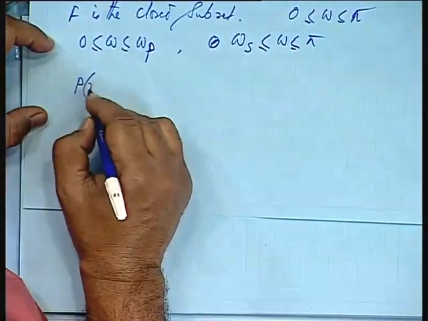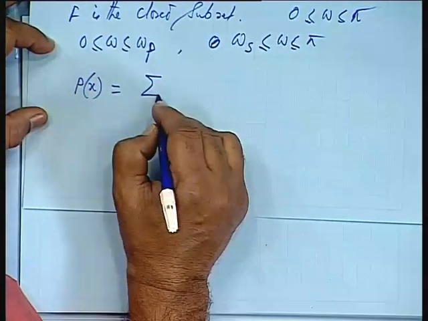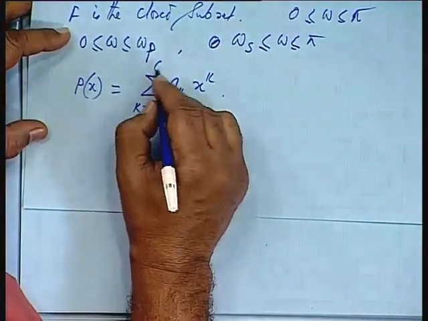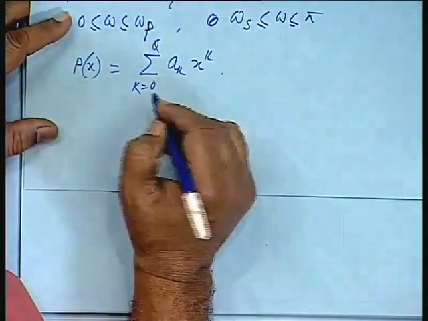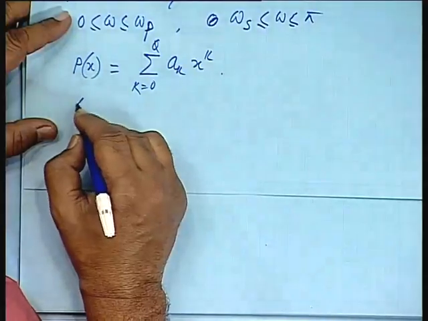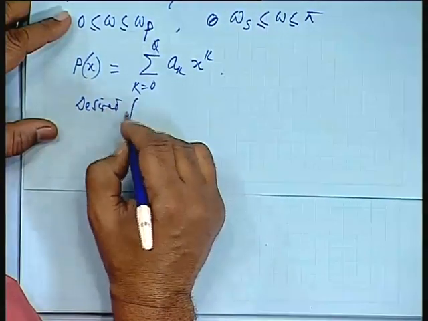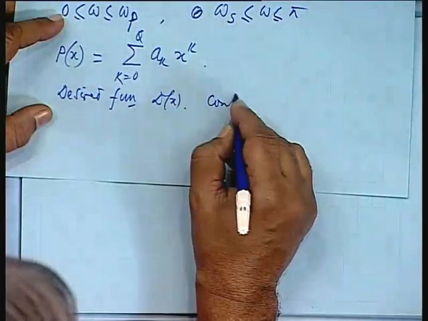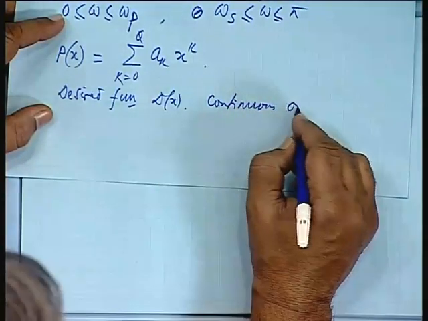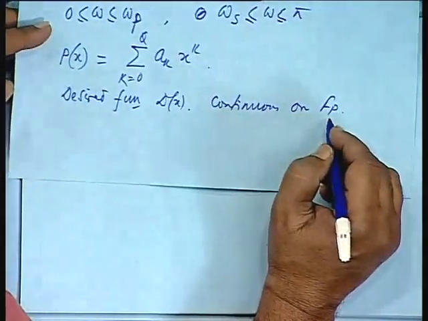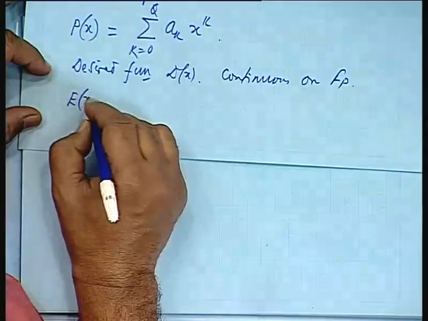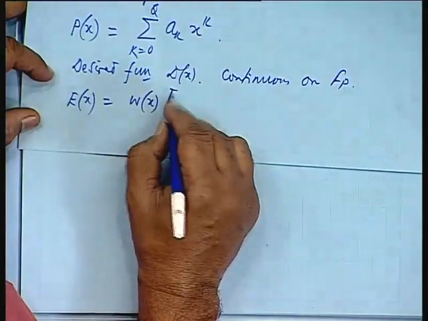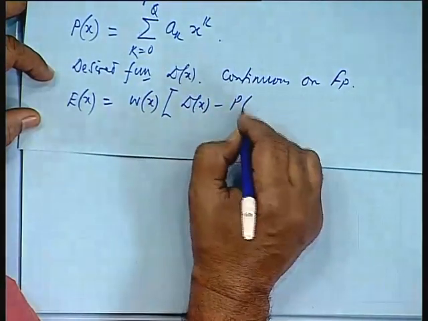So, if you have P(x) as a polynomial, sum of a_k x^k, k equal to 0 to q, and there is a desired function say D(x), which is continuous on F_p, this entire range of frequency, then E(x) is equal to W(x) into D(x) minus P(x).